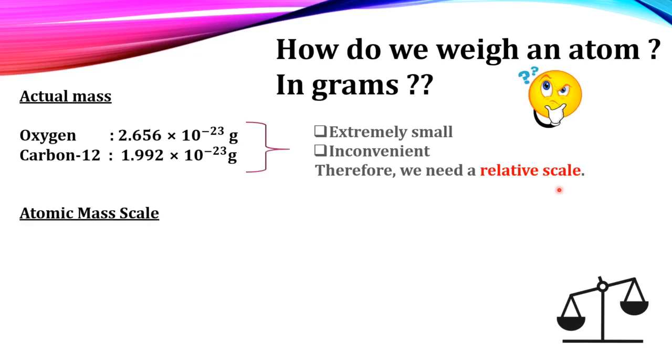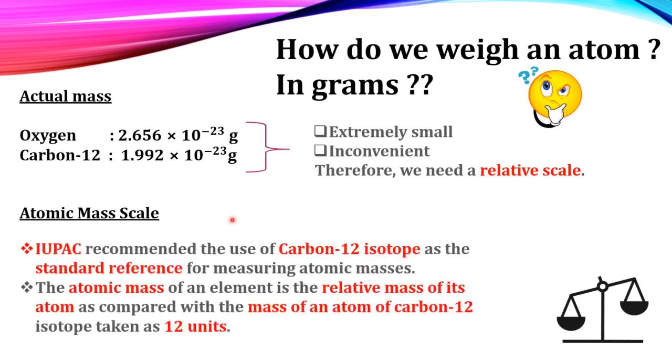Okay, so let's see what exactly the atomic mass scale is. IUPAC actually recommends, it's an organization which deals with various rules and regulations regarding chemistry, like how to name a compound. There are various sets of rules for that, or what all units we are using for various measurement purposes and things like that.